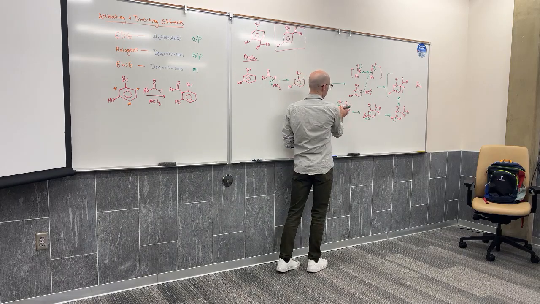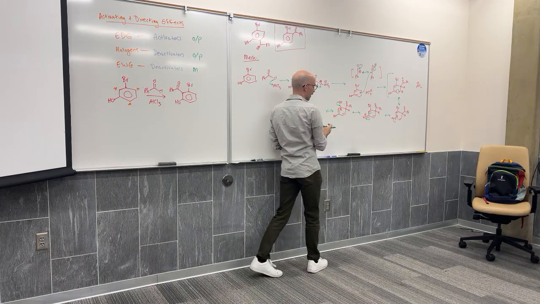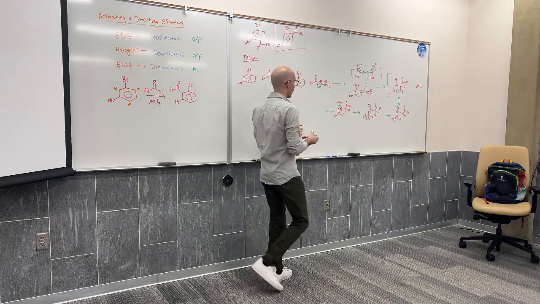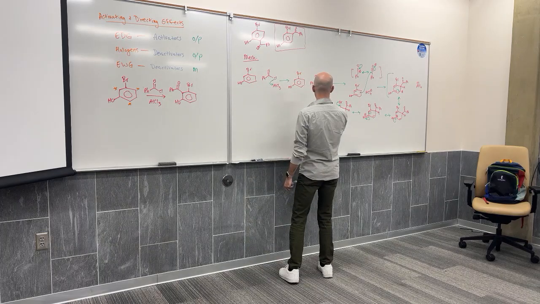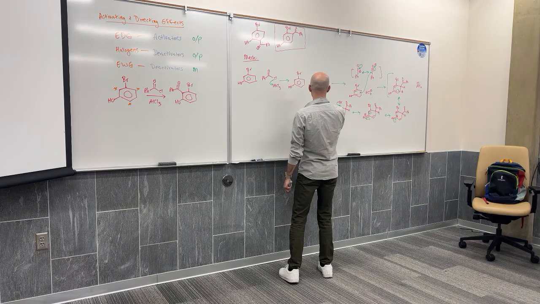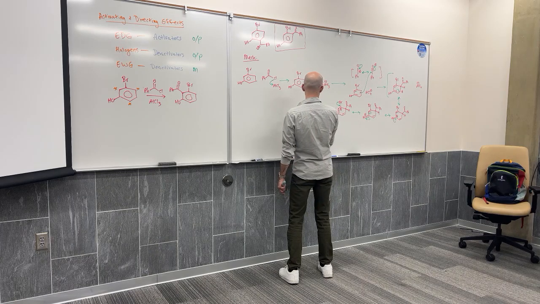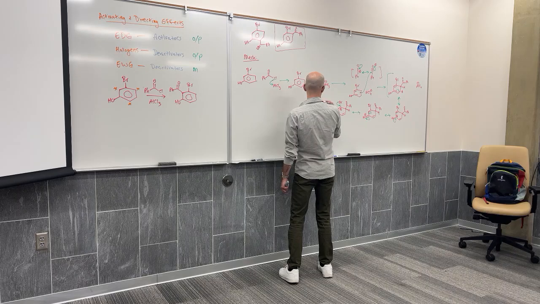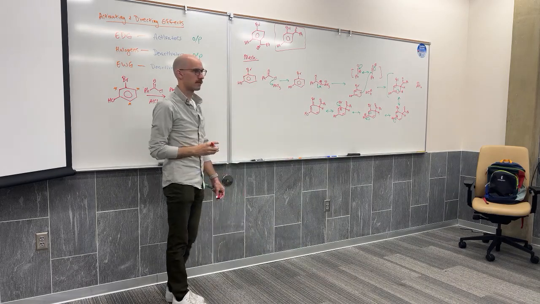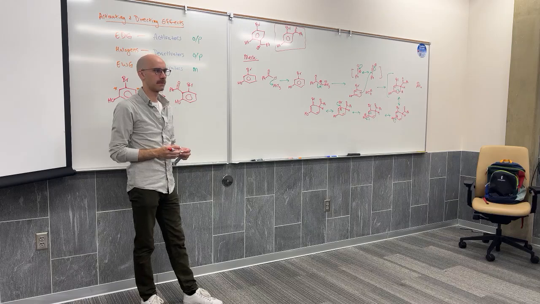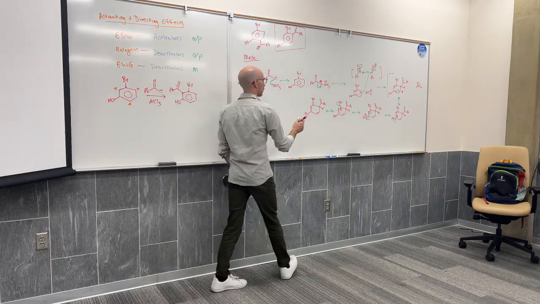But they do have a lone pair that they can donate, which is why they stabilize the reaction that occurs ortho or para to themselves. What does that do to the bromine? Positive charge. Gives it a positive charge.